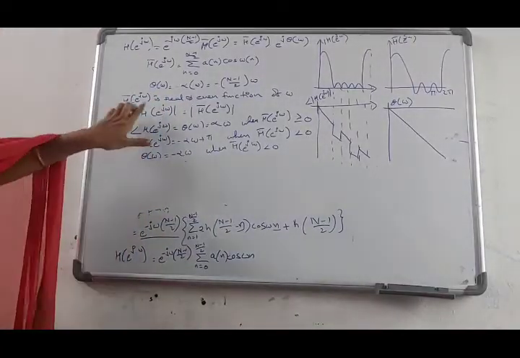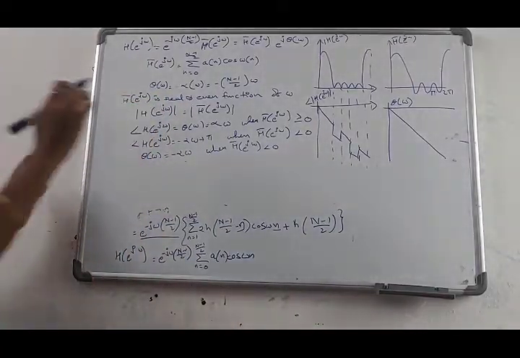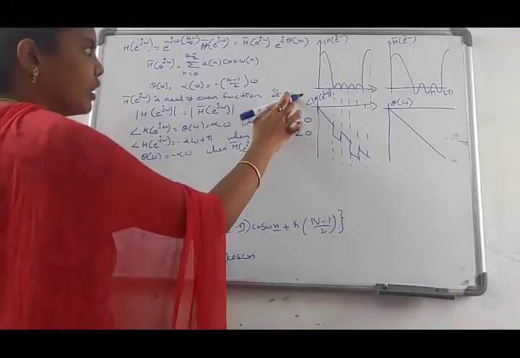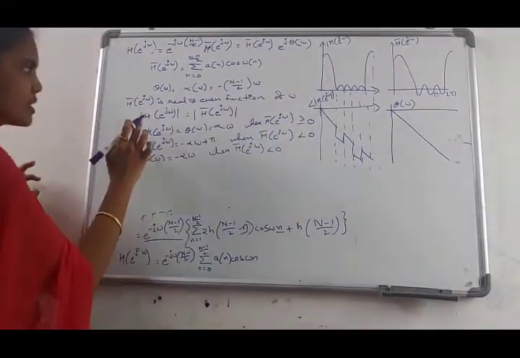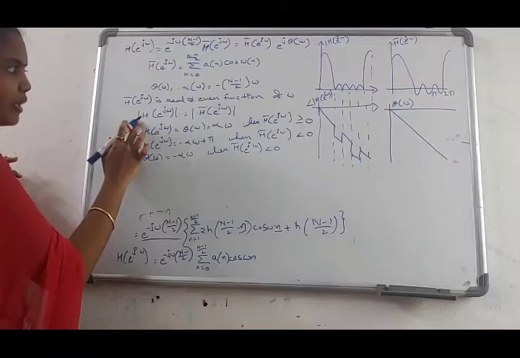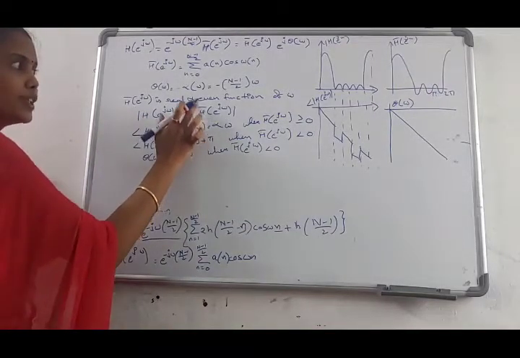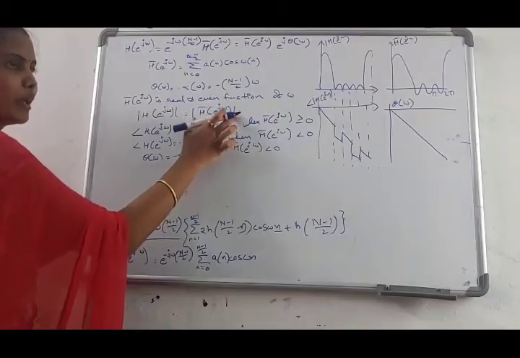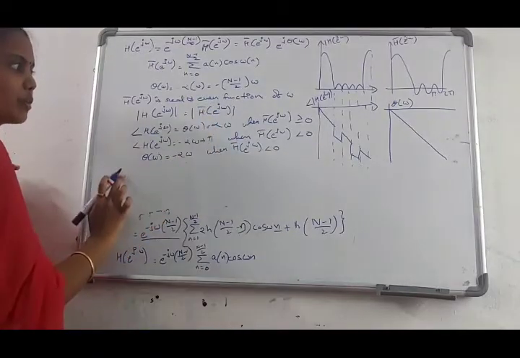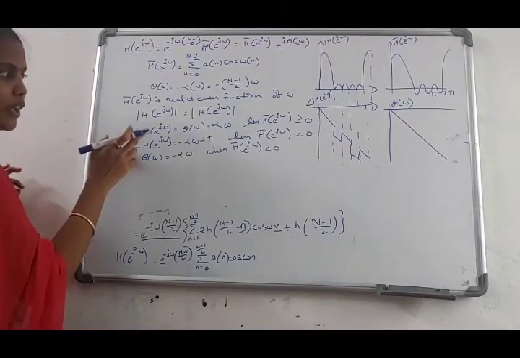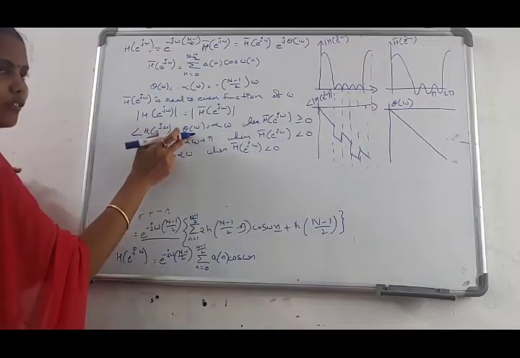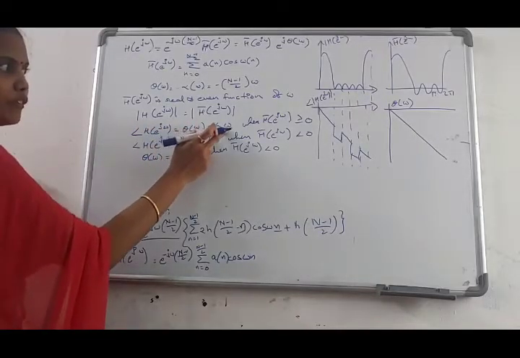Now h bar of e power j omega is a real and even function of omega. This is nothing but the magnitude of h of e power j omega, which is equal to the magnitude of h bar of e power j omega. Now the angle of h of e power j omega is theta of omega, which means minus alpha omega.